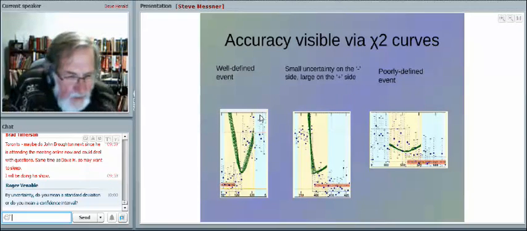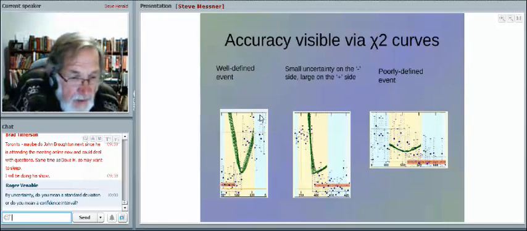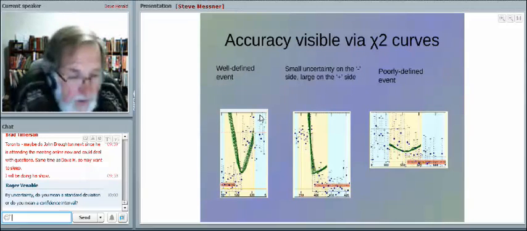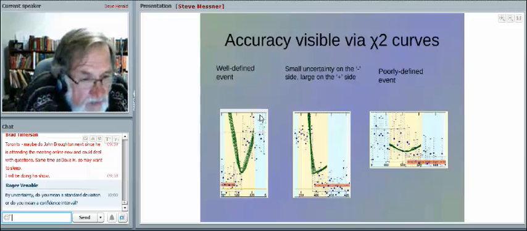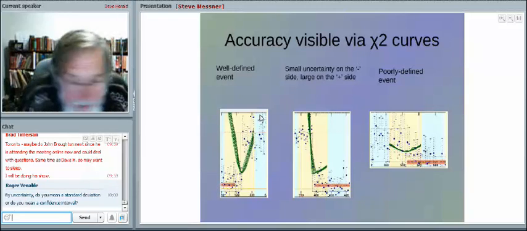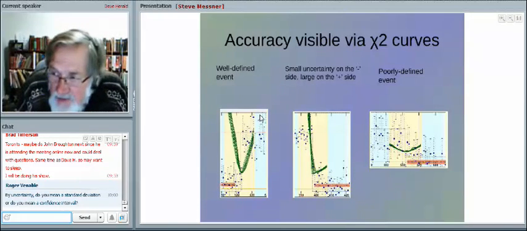And this is tied in with issues of noise, but what that is suggesting is that the uncertainty on this curve, the uncertainty on the minus side is quite good, quite small, but the uncertainty on the plus side is quite large.